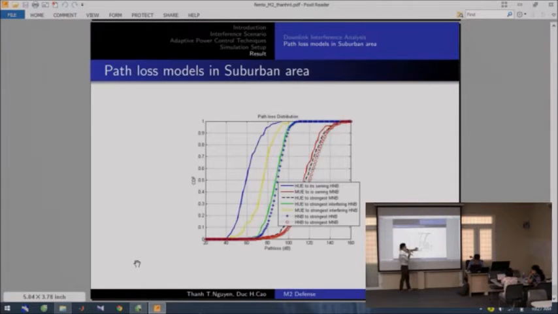So it means that the network listening power control has some inaccuracy in the measurement of signal received at the femtocell user, because it's assumed that the received signal at the femtocell is the same as the received signal at the femtocell user. But actually, there is some difference. So that's the big problem with the algorithm we described previously.